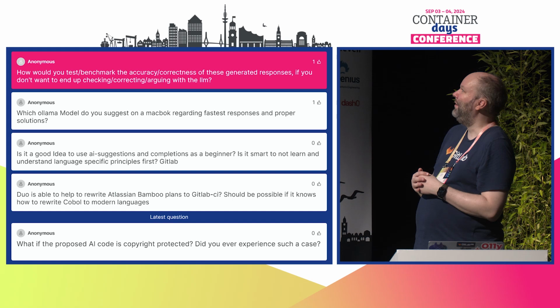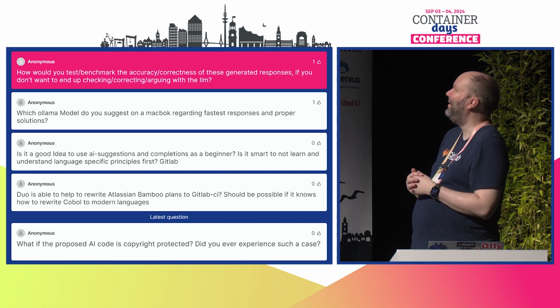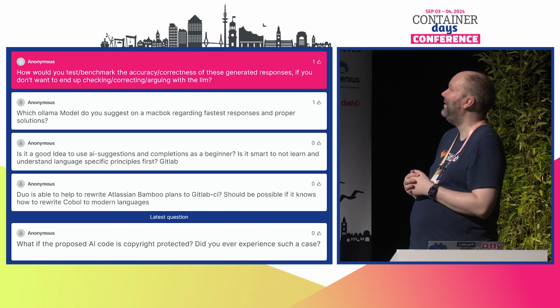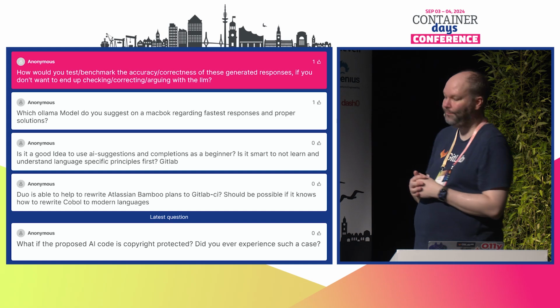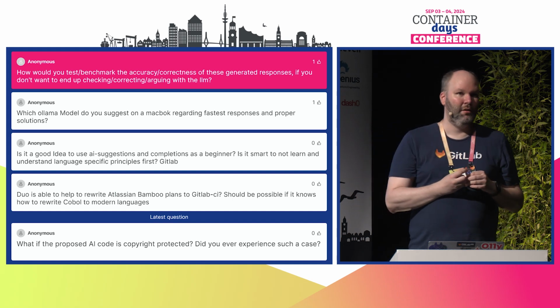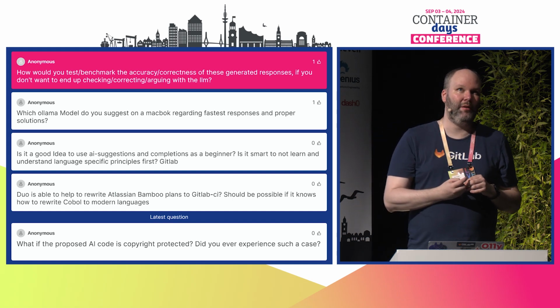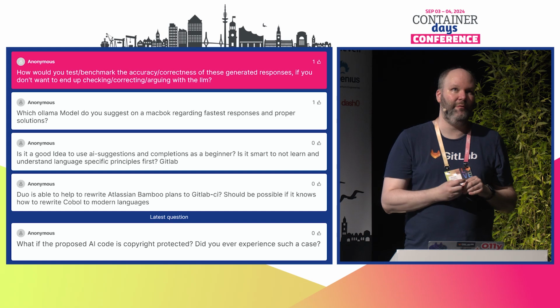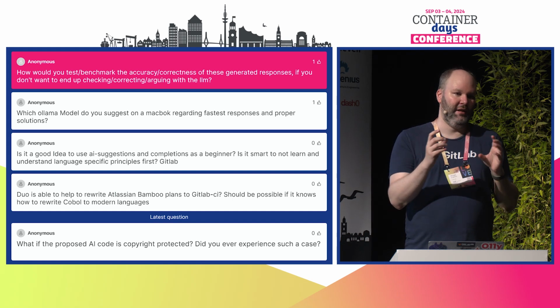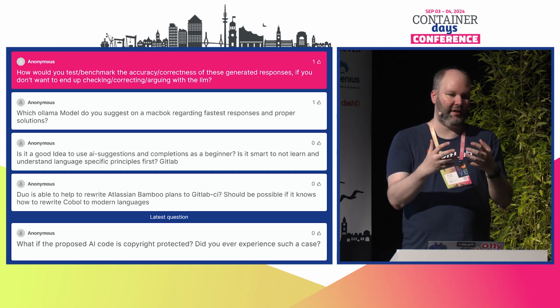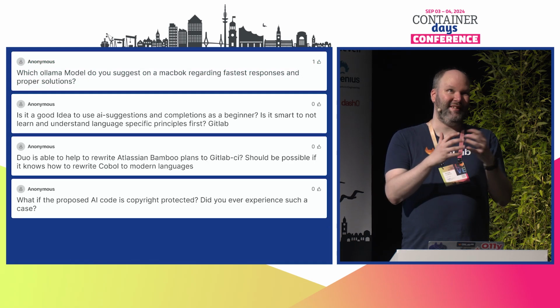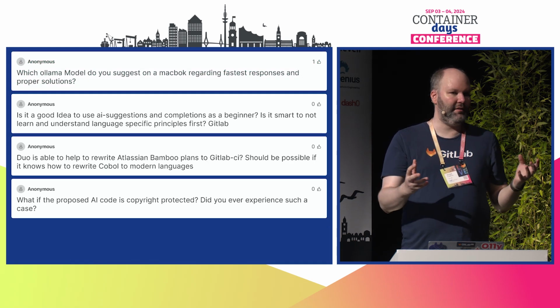How would you benchmark the accuracy and correctness of these generated responses if you don't want to end up checking, correcting, arguing with the LLM? I think it's related to the hallucination issues that we all know about. Yes, at GitLab we have developed a central evaluation framework, which uses certain metrics and judges, and also runs test cases at scale.